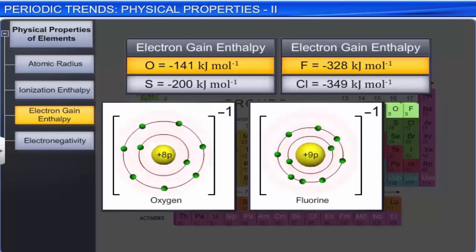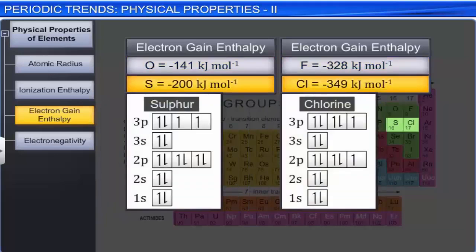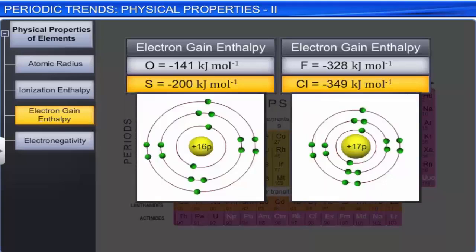However, for the subsequent elements, sulfur and chlorine, the electron gets added to the n equals 3 quantum level. At this quantum level, there is larger space available, which reduces the electron-electron repulsion, thereby making the addition of the new electron easier.